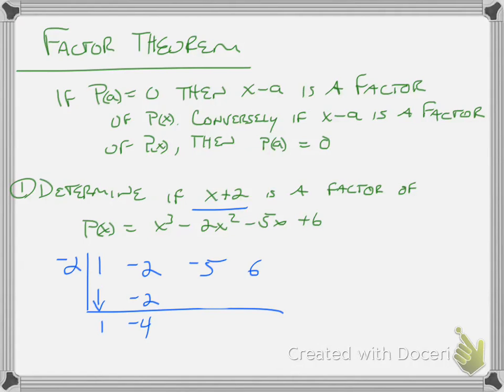I'm multiplying those two, negative 4 times negative 2, that's going to be positive 8. Combine positive 8 and negative 5, that's going to be positive 3, negative 6, and 0. Now because this remainder ended up being 0, that means x plus 2 is a factor.